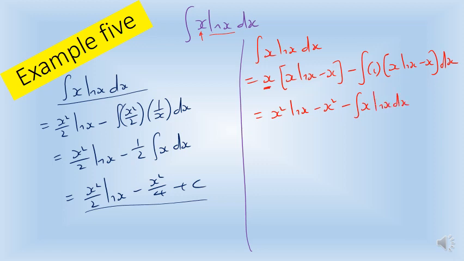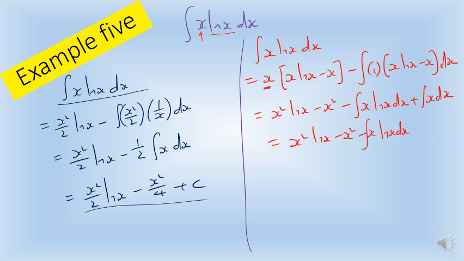I'm going to split this up into two integrals. Minus and minus becomes a plus and becomes the integral of x dx. And then we proceed. X squared ln x, don't give up. Minus x ln x, integral of that.